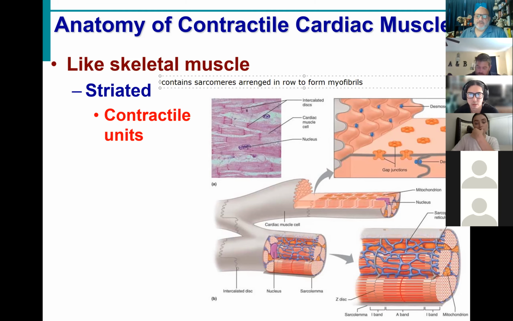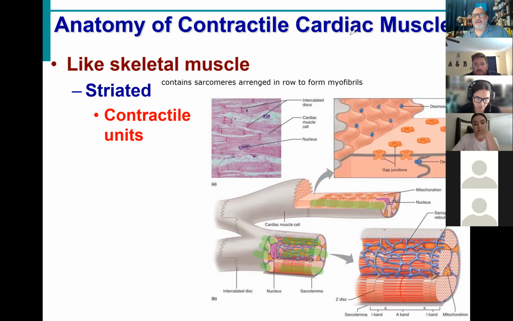Myofibrils, absolutely. Notice our illustration down here does a decent job of showing this, showing all of these myofibrils lining up like ducks in a row inside of our cell. And here we see many sarcomeres in a row that way.